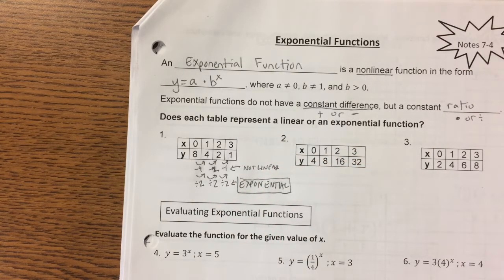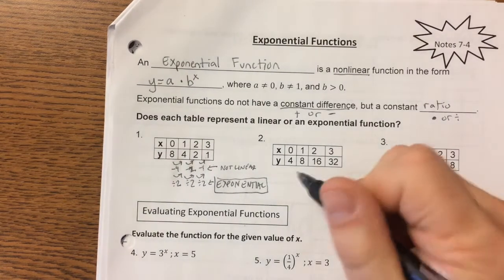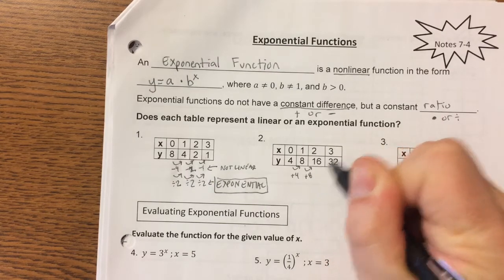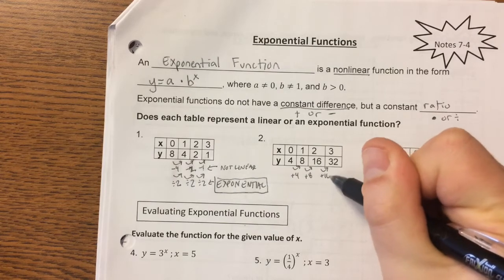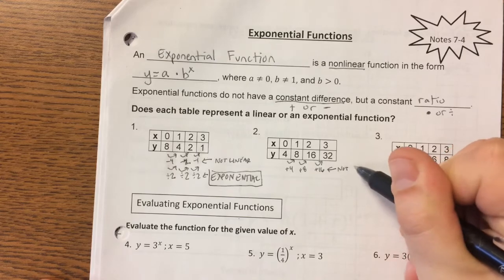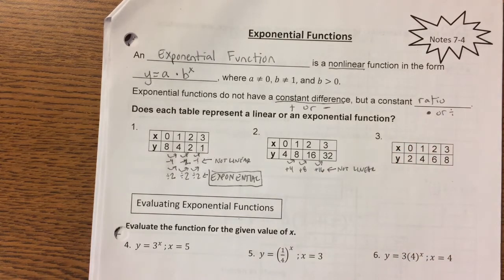So with all these tables, you want to be doing those 2 checks: is it linear? Is it exponential? So number 2, first, is it linear? Well, I'm adding 4, followed by adding 8. I shouldn't have to go any further, right? Is this linear? No. There's not a constant rate of change. So I know it's not linear.